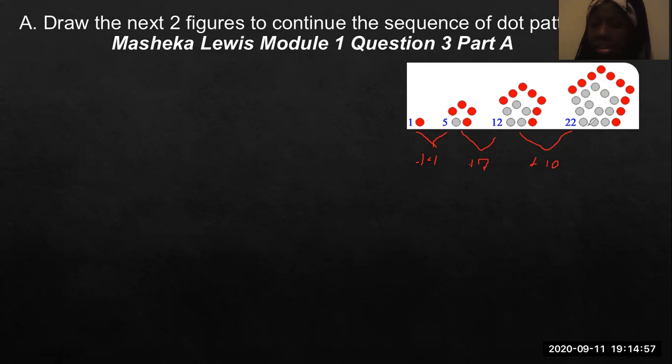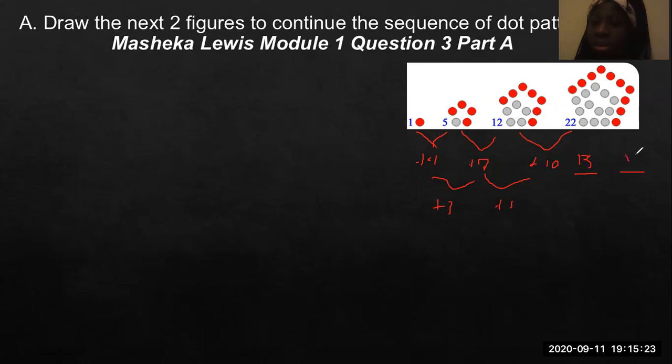To 12, add 10 to get 22. Now, if you look at 4, 7, and 10, you'll notice that the pattern is adding 3. So we stopped at 10, and we're looking for the next 2. Following that pattern, 10 plus 3 will be 13.